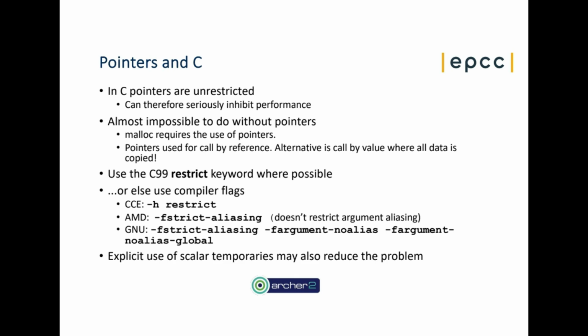When the compiler tries to optimize, it tries to keep things in registers as much as possible, and avoid loading and storing them from memory. But the compiler then has to take care of this. If the value in memory could potentially change, then a value stored in a register could go out of date.